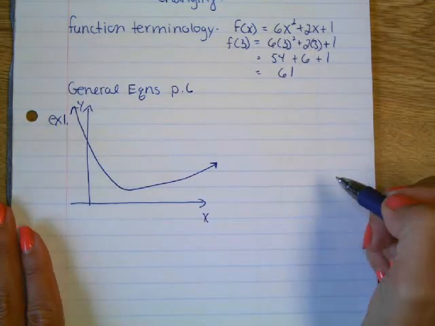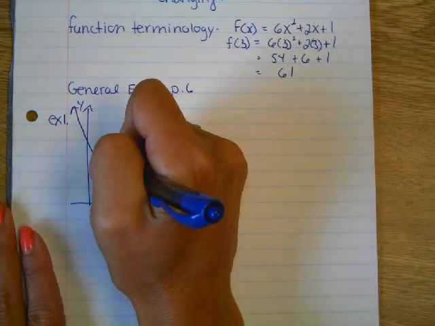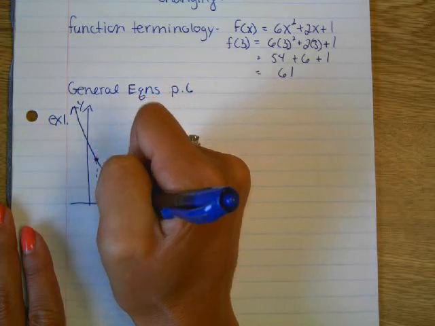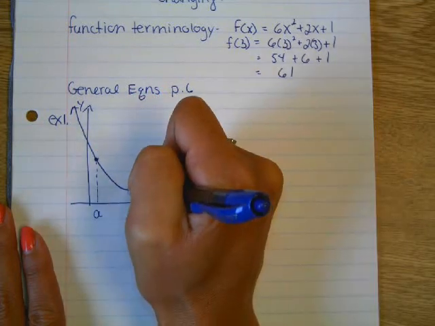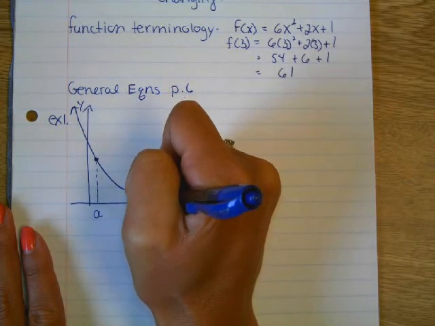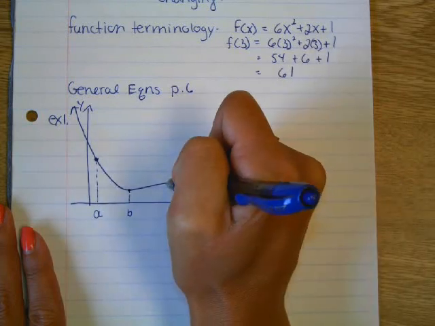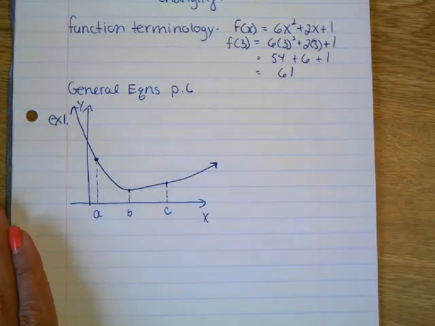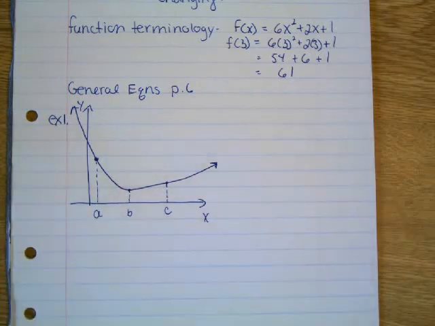Okay, I'm going to pick out 3 points on this function. I'm going to pick A to be right here, B to be right here, and C out here. I'm going to ask you 2 questions about each point.